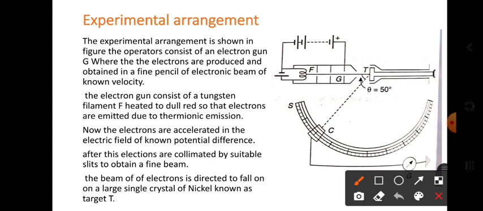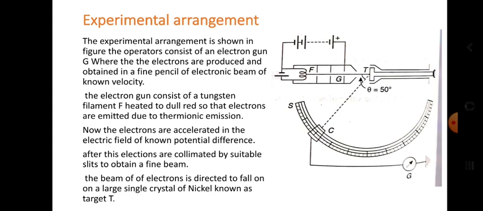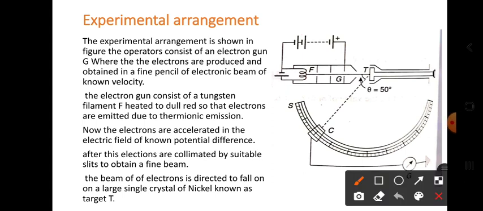This potential difference makes the electrons move faster. Faster electrons are called accelerated electrons. That is the meaning of accelerated, right? Known potential difference means we know how much potential we are applying.